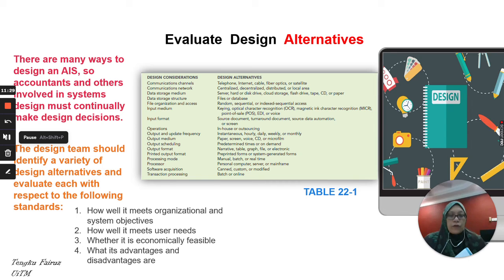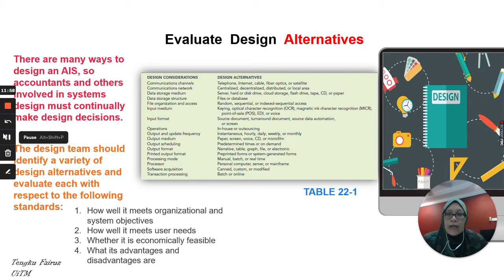If you refer to table 22.1, those are the design considerations and alternatives. For example, under design consideration, take the communication network. They have alternatives whether they want a centralized network, a decentralized network, or a local area network.